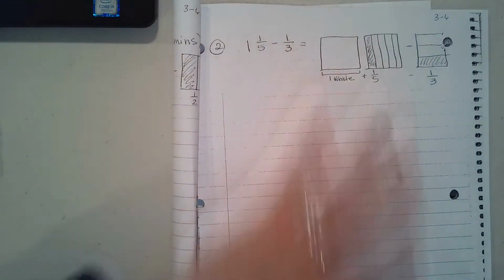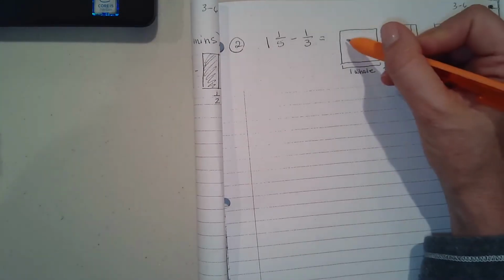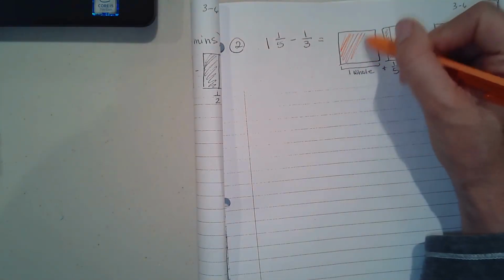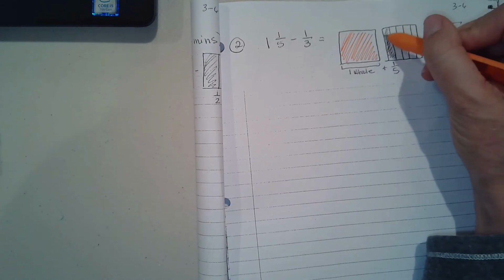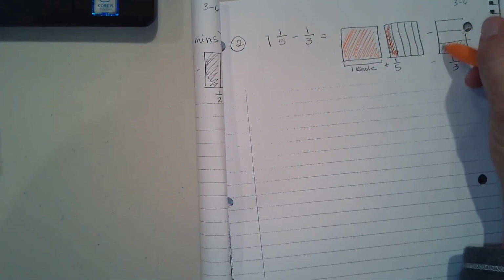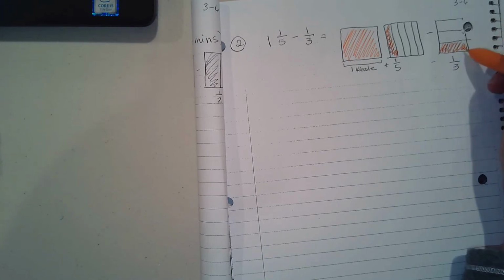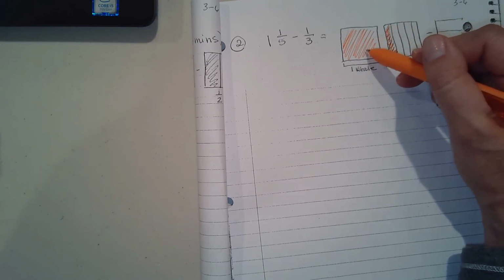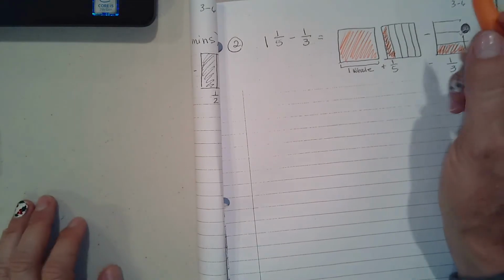All right, notice there's a lot of room here. Notice I took up a lot of room here. Okay, 1 1/5. So here is 1 whole plus 1/5. And then I have 1/3. And I'm going to take 1/3 from 1 1/5.